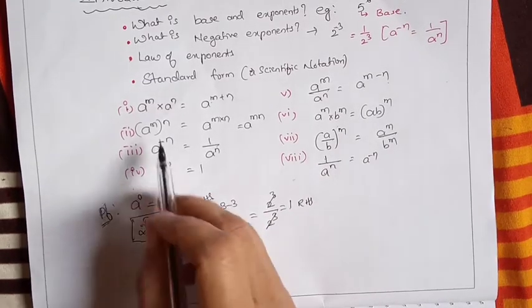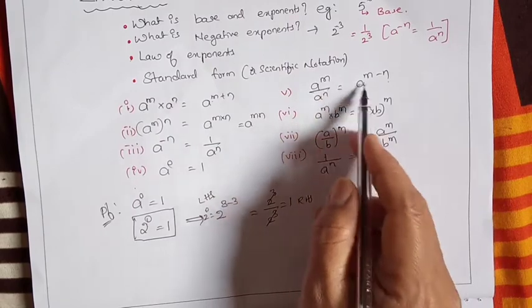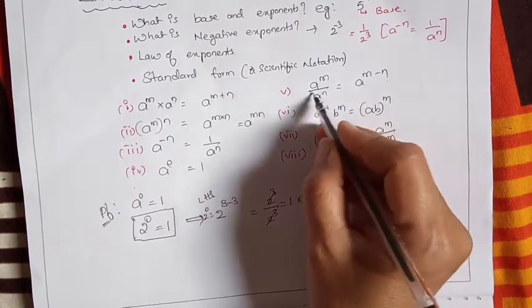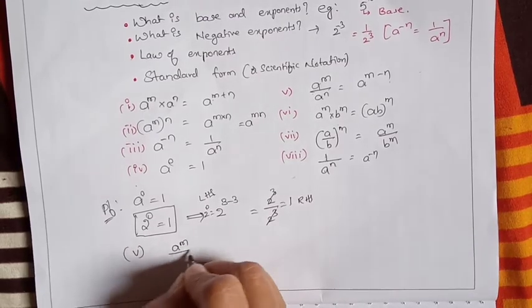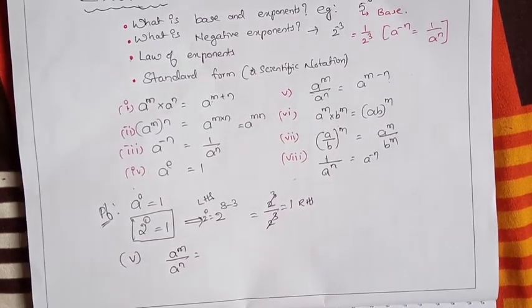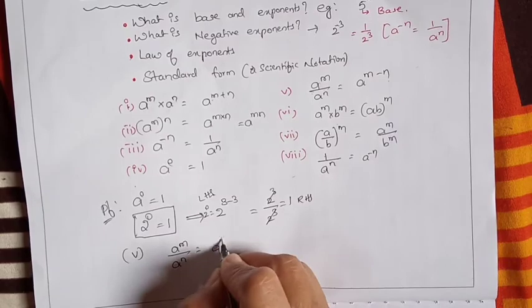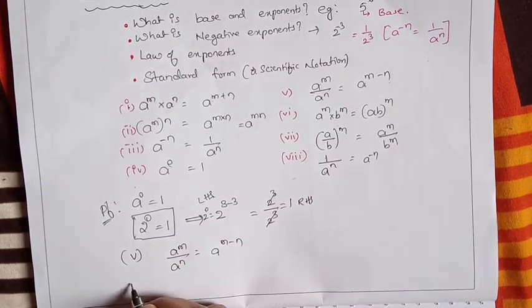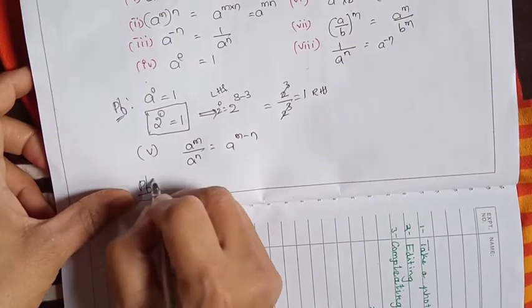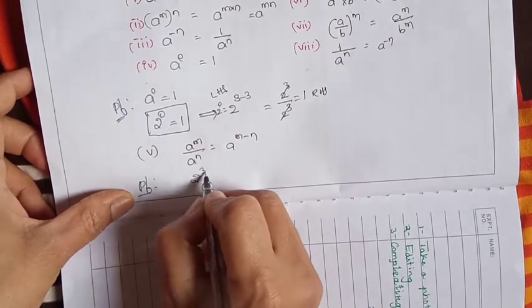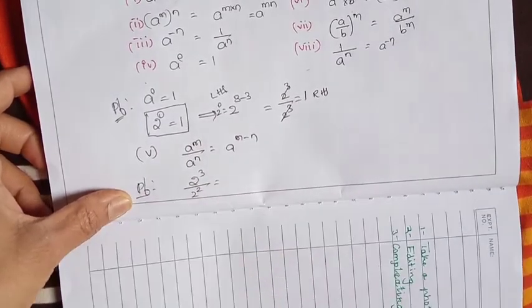And the remaining, you know how we will get. Suppose this fifth formula, I will explain: a to the power m by a to the power n is equal to a to the power m minus n. This proof I'll give you. Suppose 2 to the power 3 by 2 to the power 2.